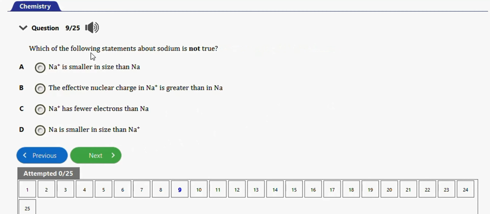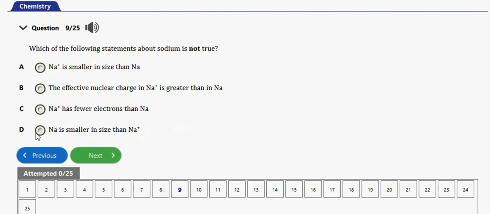It says which of the following statements about sodium is not true? So we have sodium ion is smaller in size than sodium. Yes. We have the effective nuclear charge in sodium ion is greater than in sodium atom. Yes. Sodium ion has fewer electrons than sodium atom. Yes. Sodium atom is smaller in size than sodium ion.